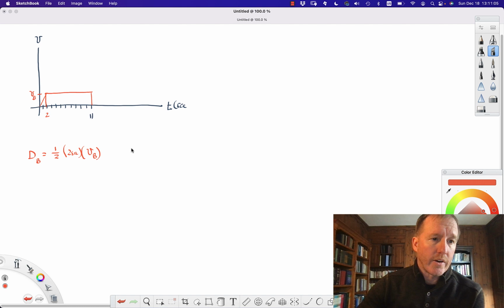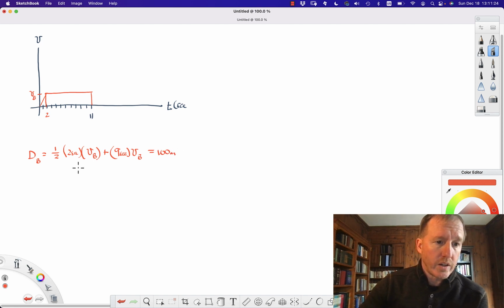Plus whatever distance he travels while he's going at a constant speed, and that would be the area of that rectangle, which would be 11 minus 2, that would be 9 seconds, times whatever his velocity is. And the sum of those has to be 100 meters.